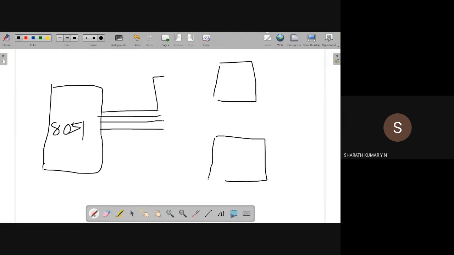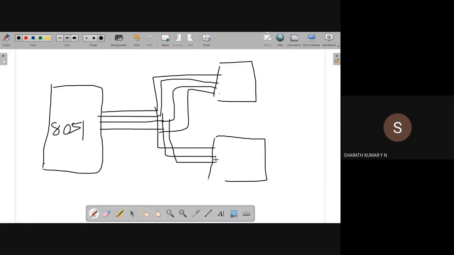These lines will be split as address lines as well as data lines. Each line can now be used as a data line or an address line. This operation is called demultiplexing.